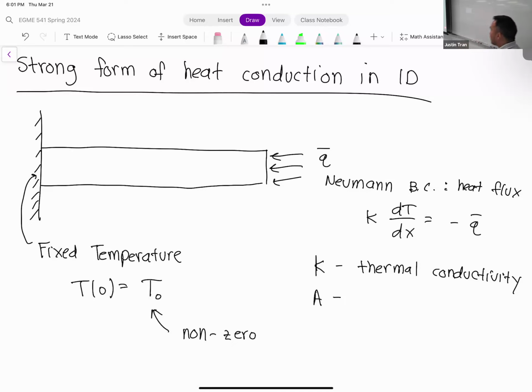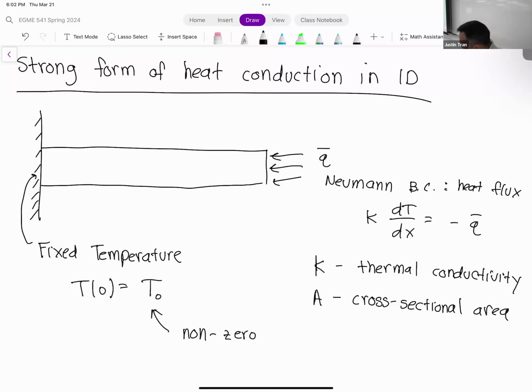And the other parameter that we have here is A, where A is the same interpretation as before. So A is the cross-sectional area. All right.